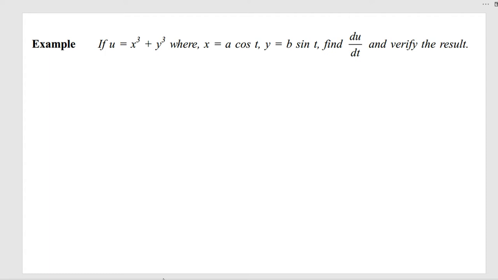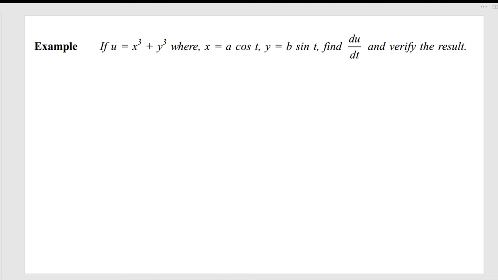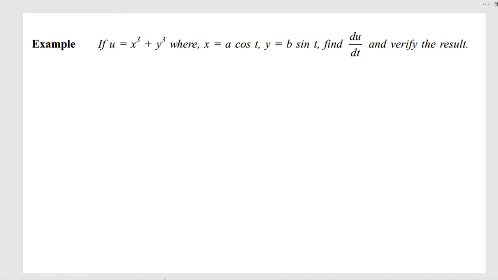Now let us take one numerical example. Here, if you try to write the solution, u is a function of x and y. It is given as x cube plus y cube.